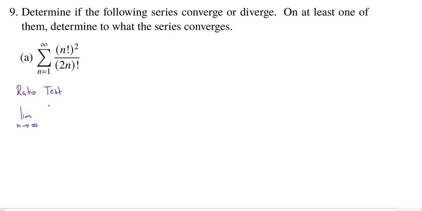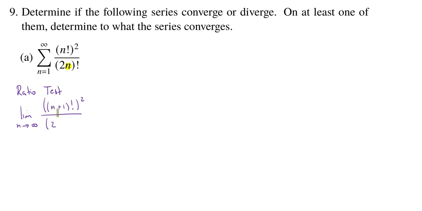So the n plus first term is going to be n plus 1 factorial quantity squared divided by, and this is where people are likely to make a mistake. They want to write 2n plus 1, which depending on where you write parentheses is either perfectly correct or absolutely incorrect. So remember, we're replacing the n by n plus 1, not 2n by 2n plus 1, right?